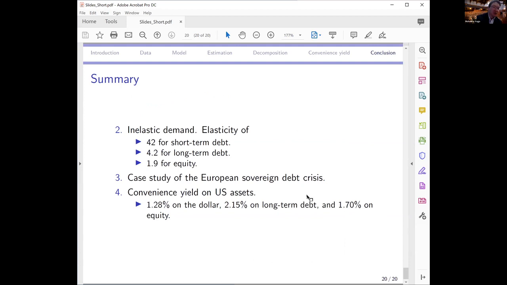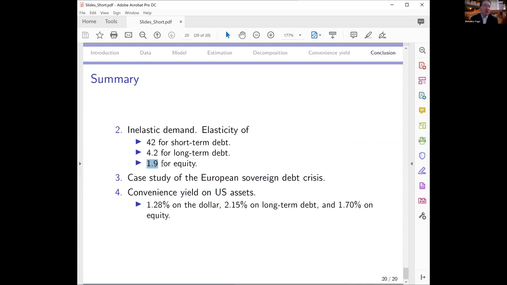One key finding is why do these investors matter so much? The key is because demand is inelastic for assets. For equity, for instance, we find a demand elasticity of about 1.9. This is similar to the elasticity of 1 that people find in the US equity index addition and deletion literature.